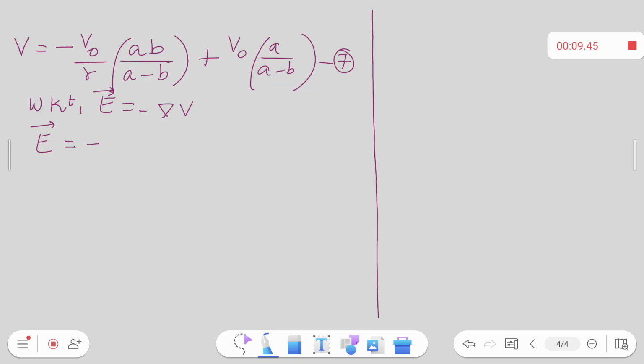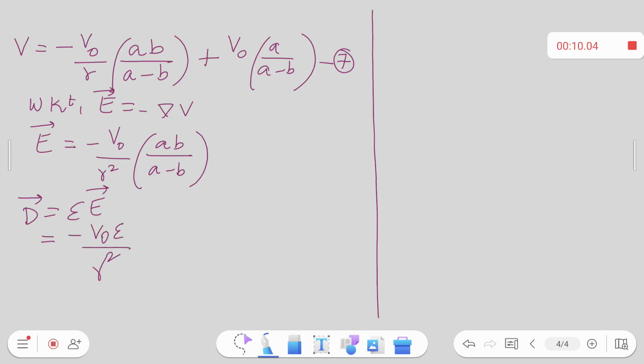So after differentiation, you will get V0 ab by a minus b by r square. This is my E vector. Next, let us write the electric flux density D, which is epsilon into E. So the answer will be minus V0 epsilon by r square into ab by a minus b. Let us take this as equation 8.